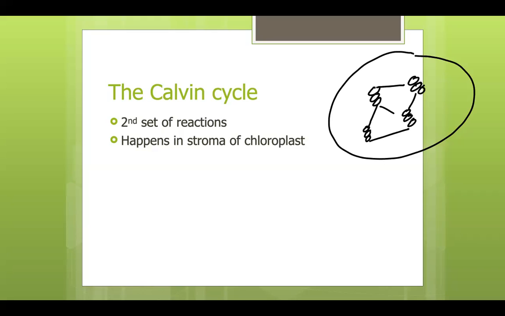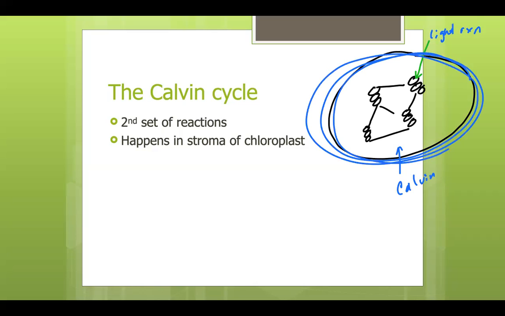So our light reactions occur in the membrane of the thylakoid, and the Calvin cycle is going to occur in the stroma, the solution outside of the thylakoids, but we're still within the inside of the chloroplast.